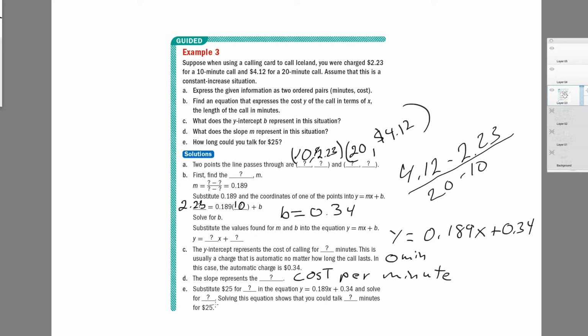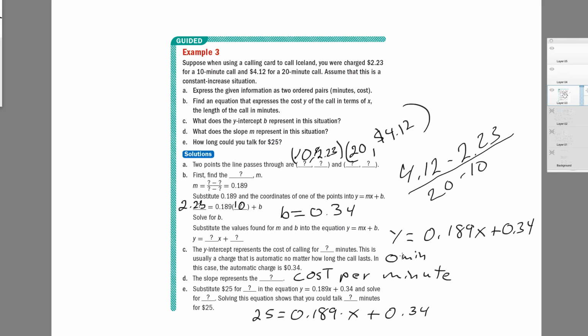The last case, I'd ask you to substitute $25 for, where would you substitute that? For x or for y? Y, right? Because x was time and y was dollars. So I'd solve for y and find out how long could I talk for 25 dollars. So I'm going to put this into the equation. 25 equals 0.189 times x plus 0.34.